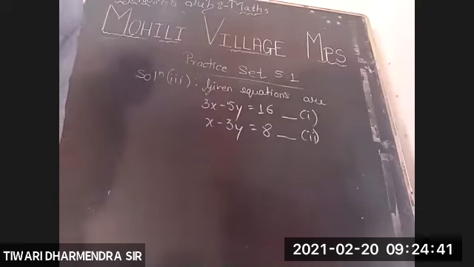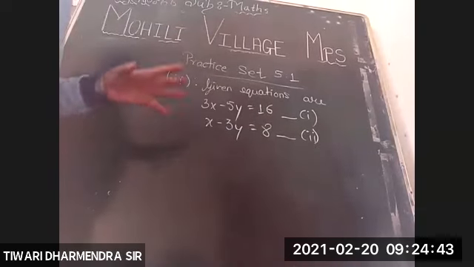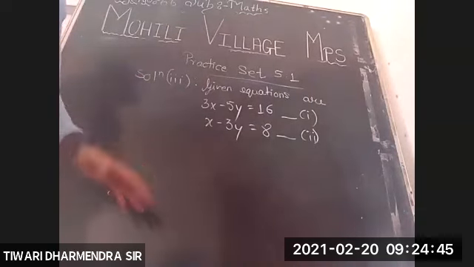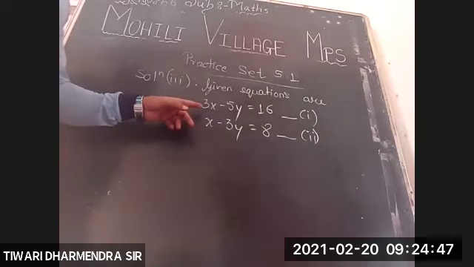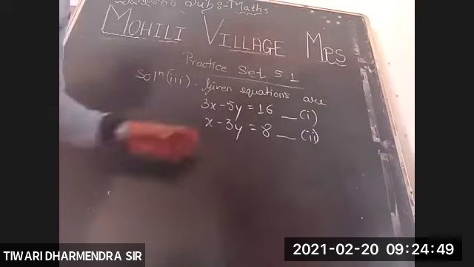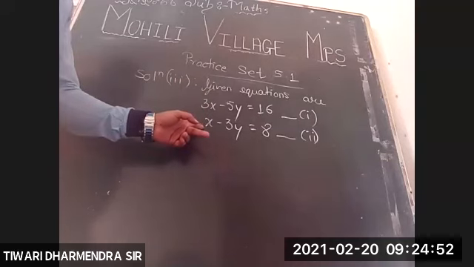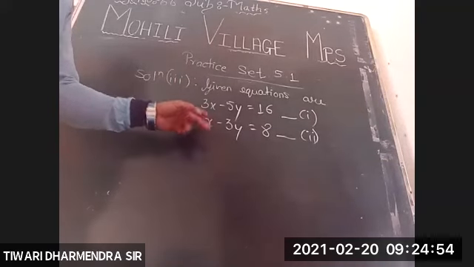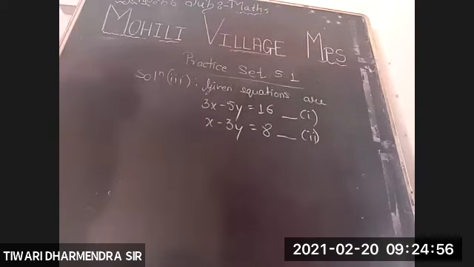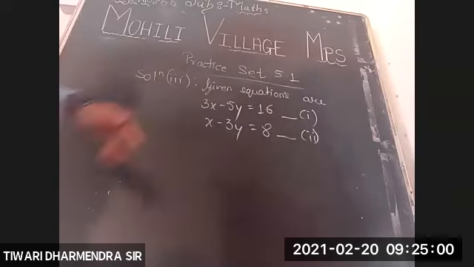Equation number 2. So now, if I've decided that I'm going to get rid of variable x first, we can see that here in equation number 2, variable x is having coefficient as 1. So in order to get same coefficient as equation number 1 of variable x, what we will do?